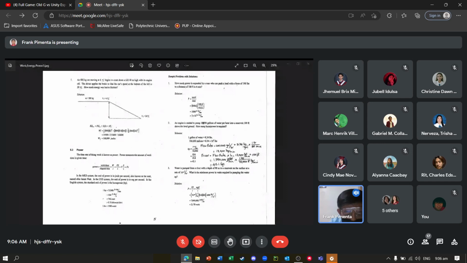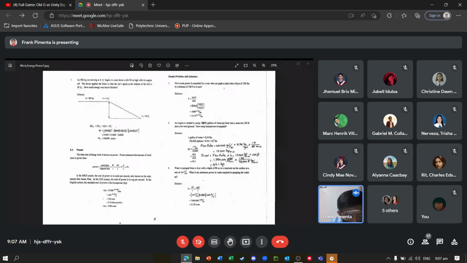Knowing that work is a force multiplied by the displacement S, divided by the given time T, it can be expressed as Fs over T. And since S divided by T is velocity, power can also be expressed as force multiplied by the velocity. So these are the different formulas for power.